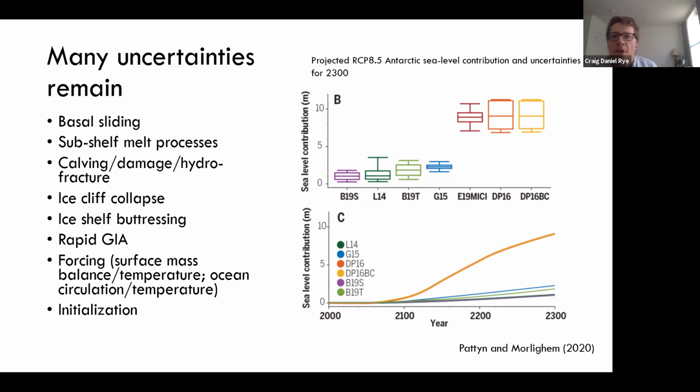Thanks, Olga. We have a question in the chat from Vivian. How would you determine which of the large number of models gives a more realistic representation of actual ice dynamic processes?